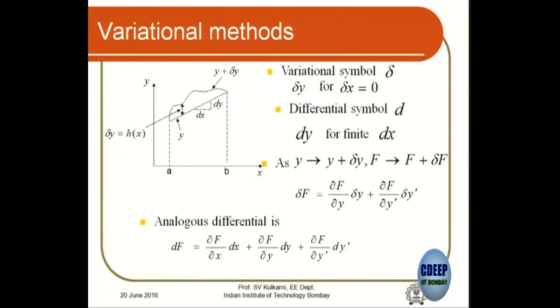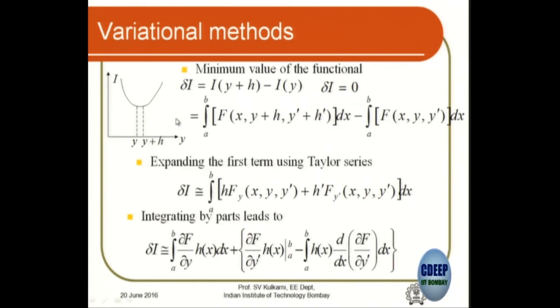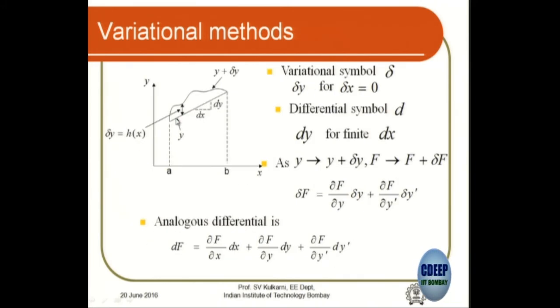What you do is, you also know that y at a and y at b are fixed. So that is why the potential at this point and this point is fixed, right? And what we are varying now is the potential at every other point, followed.